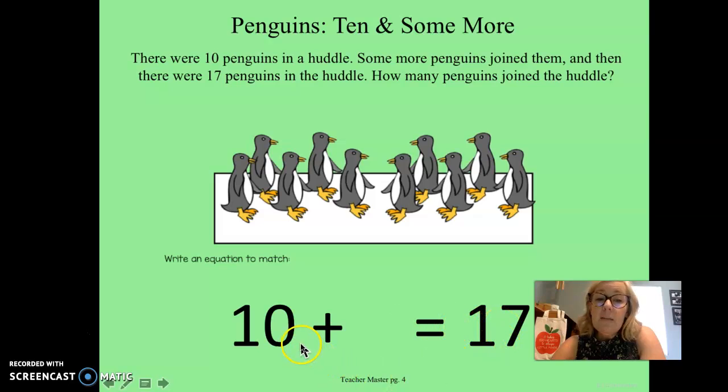What is the difference between 10 and 17? 7. 7 penguins joined the huddle.